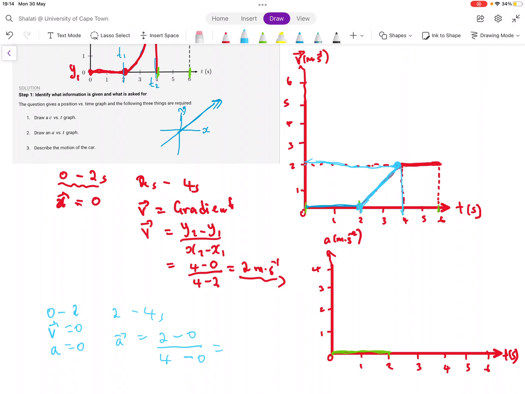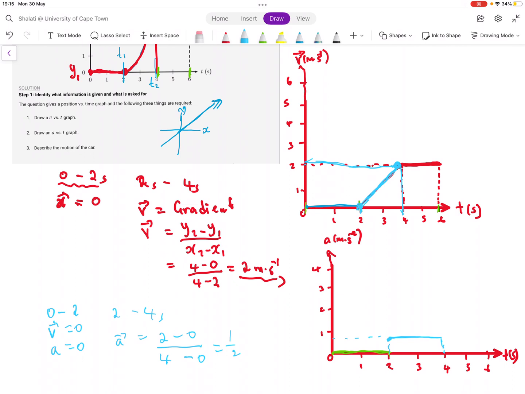So you have 2 over 4, which is 0.5 or a half. Okay, so there is a half. So from 2 to 4 seconds, you are having a horizontal line.